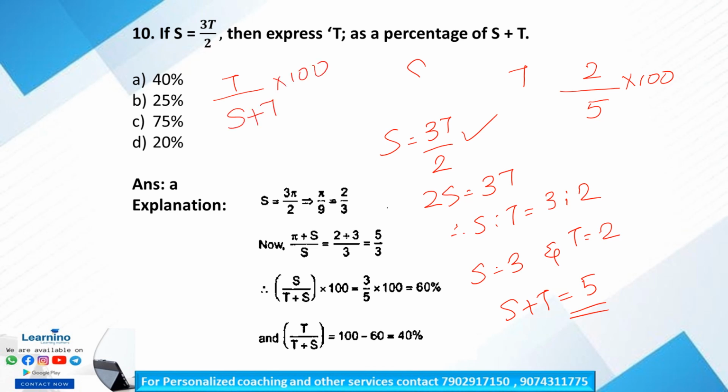So t is 2 divided by s plus t, which is 5, into 100. This is 20, so 2 into 20 is 40 percent. So option A is our correct answer, and the required percentage is 40 percent.